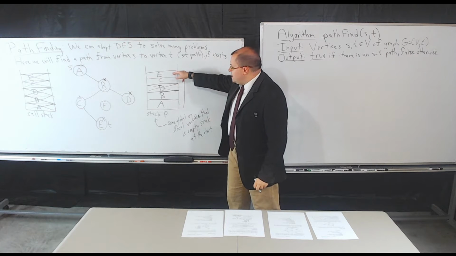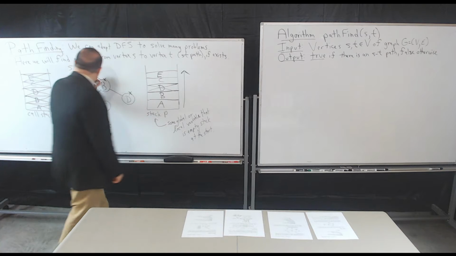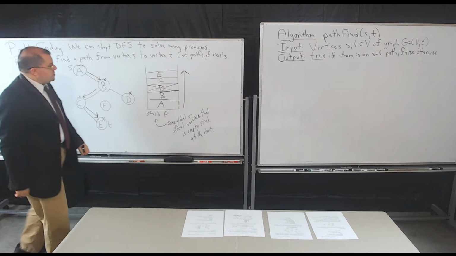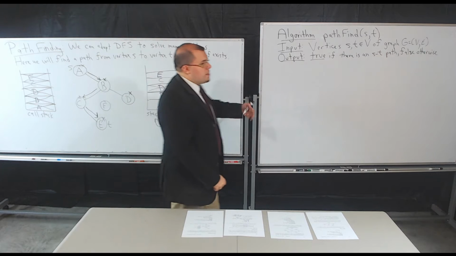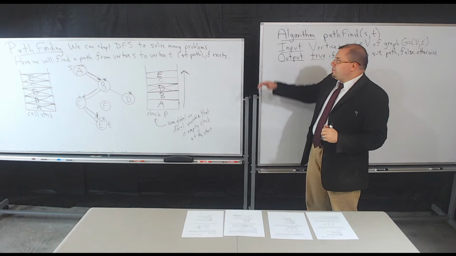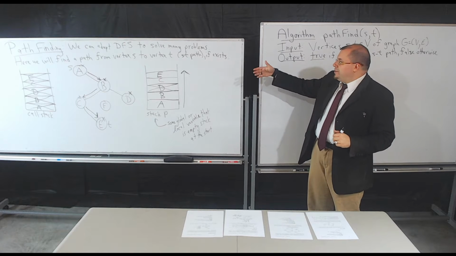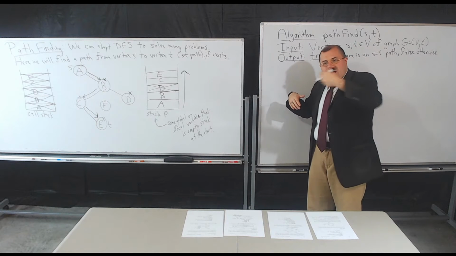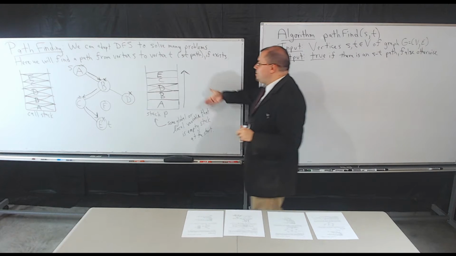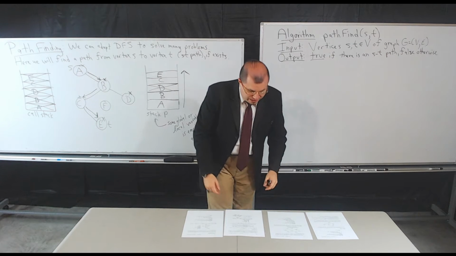A, B, C, E. If you read it from top to bottom, if you just pop them off, you'll get this path backwards. If you want it from S to T, you're just simply going to read it from back to front, right? So you see how we can just simply adapt the DFS to do this?